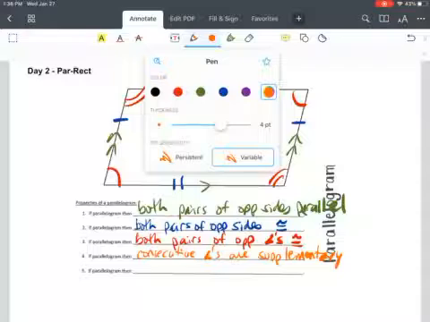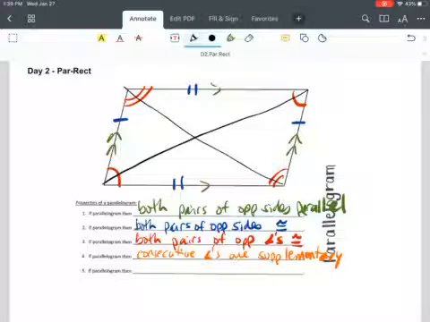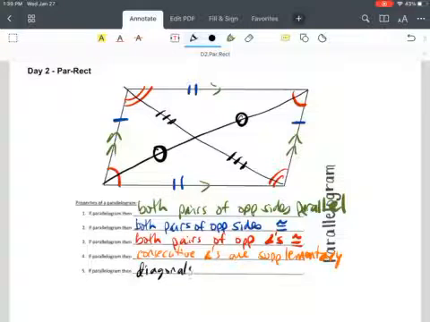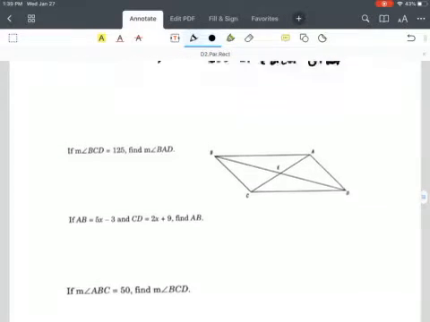And then the last property with a parallelogram, if I draw in the diagonals, the diagonals split each other in half, which means the diagonals bisect each other.